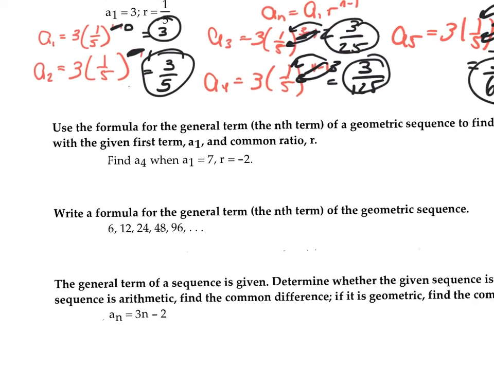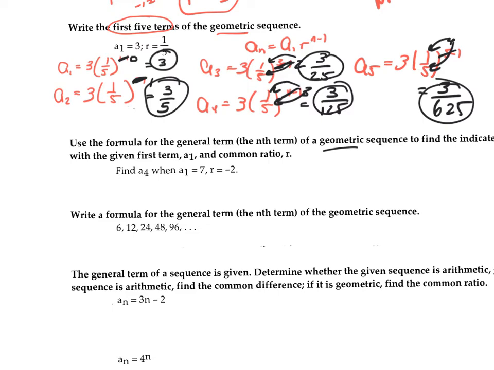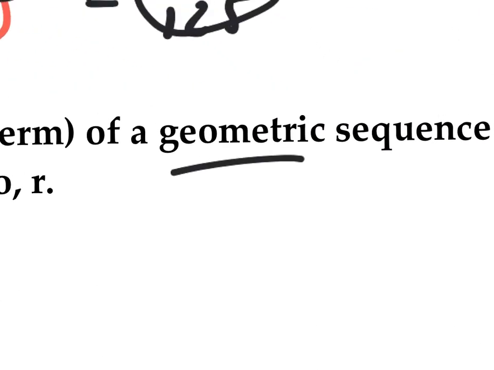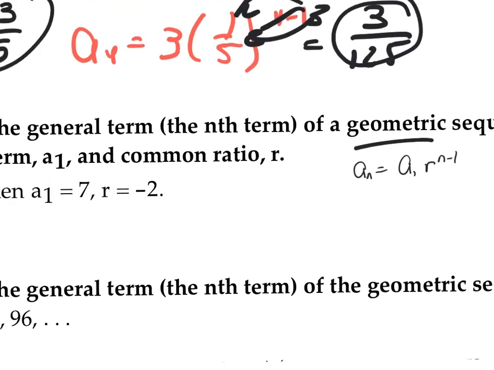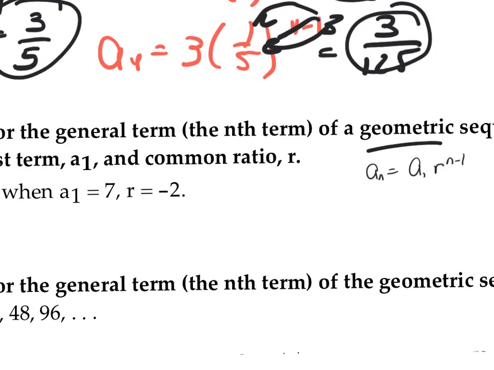Use the formula for geometric. As soon as I see geometric, I write down a sub n equals a sub 1 times r to the n minus 1. They tell me here, guys, what the first term is, and they tell me what the common ratio is.